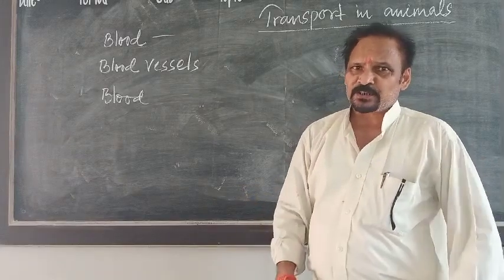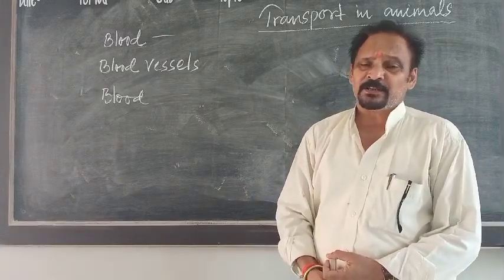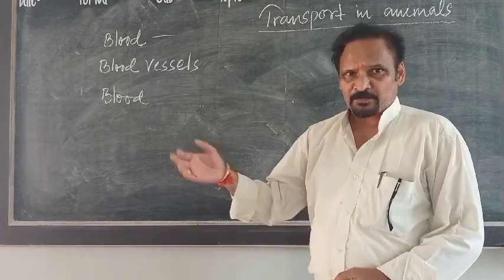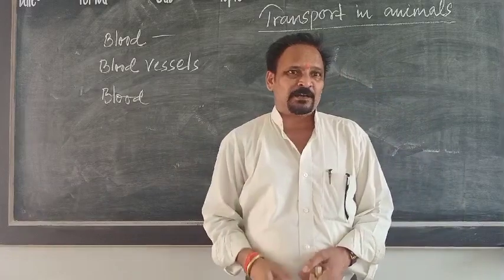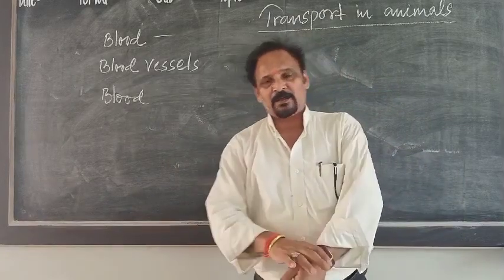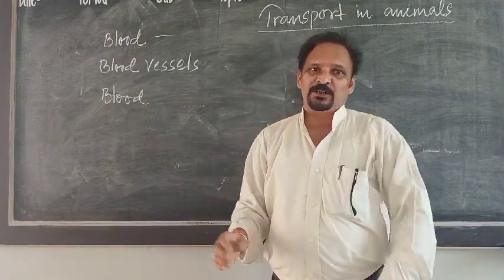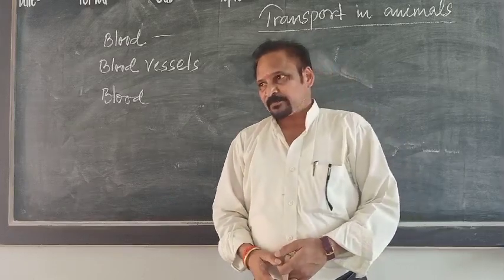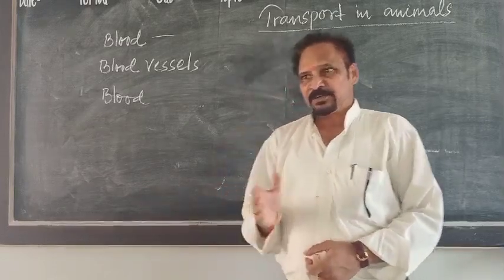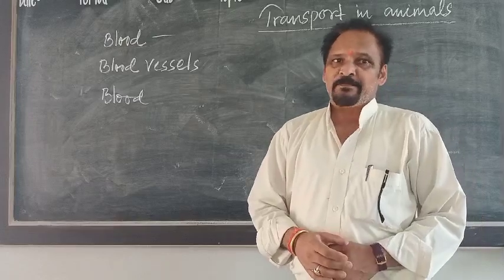Now I am going to discuss with you transportation in animals. Although a few parts of transport in animals we have studied in offline classes, I am going to tell you in detail. Students, transportation is a very essential process.